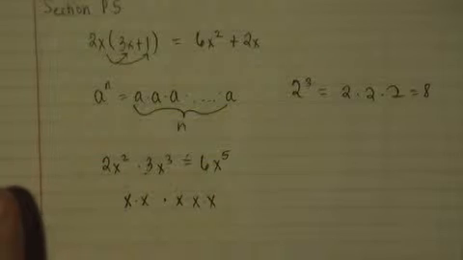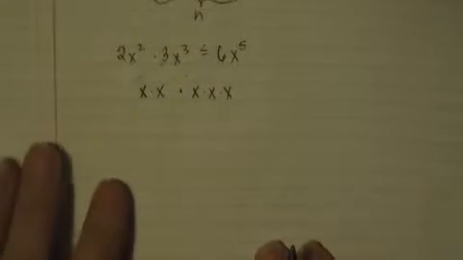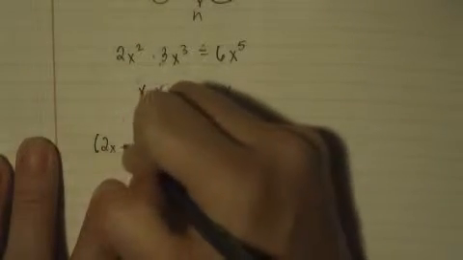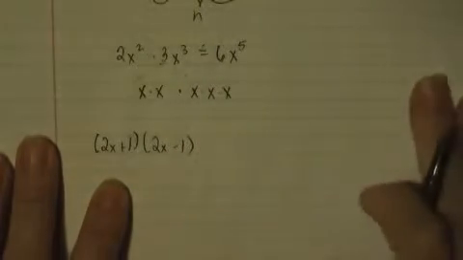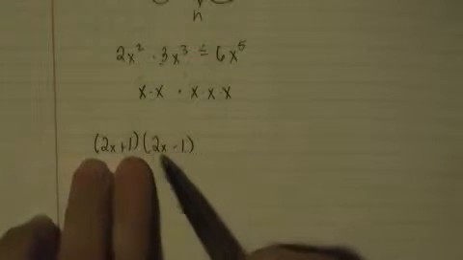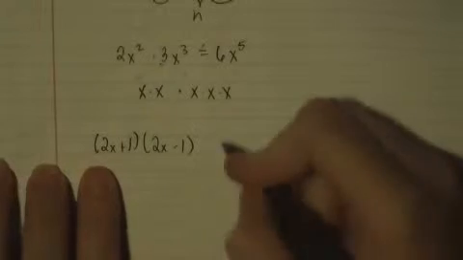Okay, so let's do a quick example of multiplying a polynomial, 2x plus 1 times 2x minus 1. And here, when you have two polynomials multiplied together where each of them has two terms, we're going to use a method that's called FOIL.